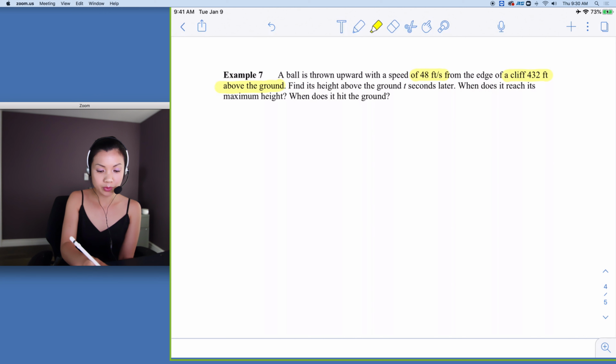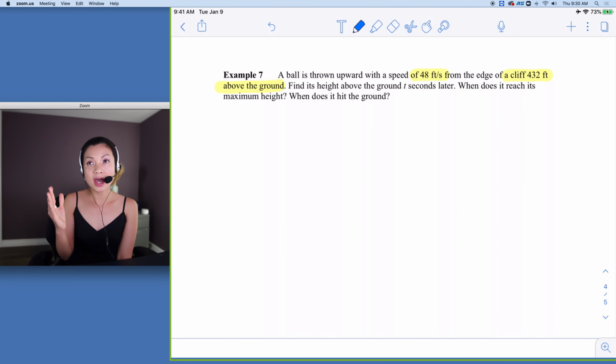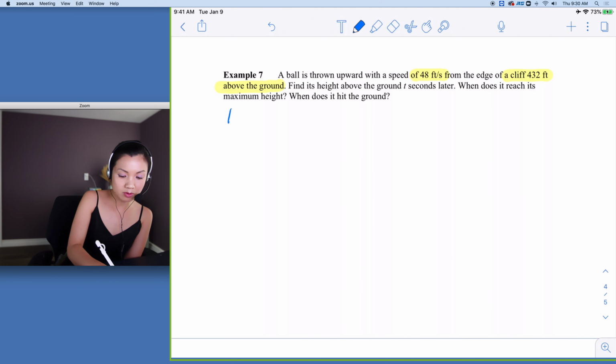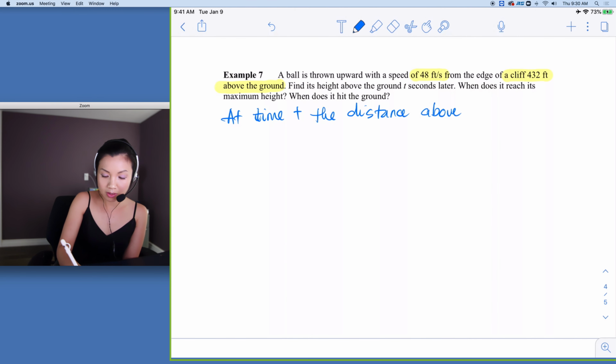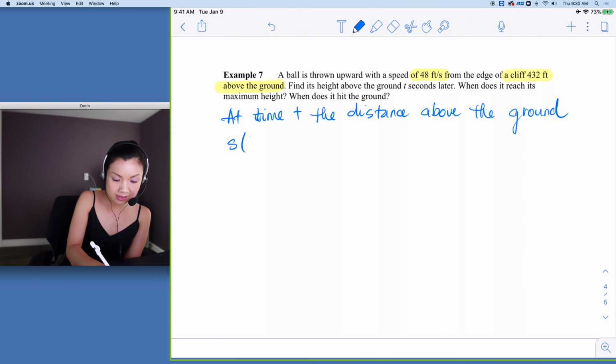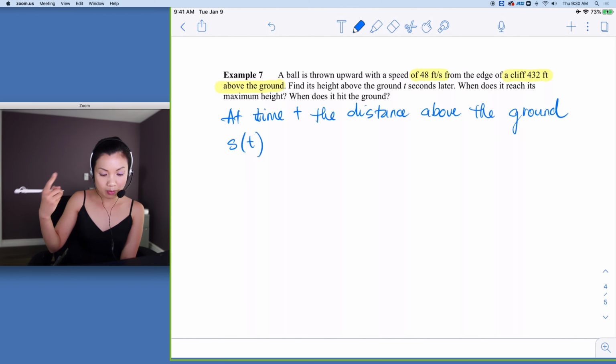So what do we know? We know that at time t, the distance above the ground, s of t. Remember, when we use distance, we use the s function.